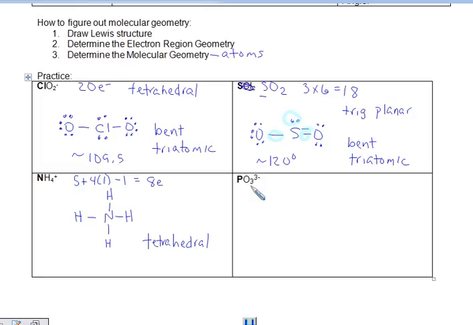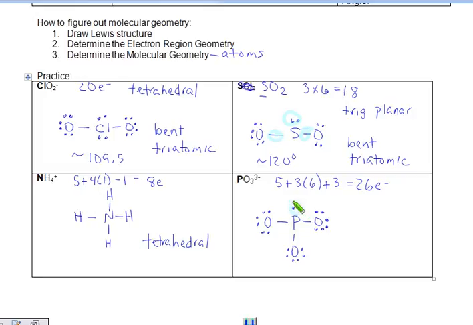Last up, let's do the phosphite anion. Here we have the phosphite anion. We have a total of 26 valence electrons, 5 from phosphorus plus 3 times 6 for our oxygens, and then another 3 to account for the -3 charge. Here is the Lewis structure. Let's count the number of electron regions around the central atom.